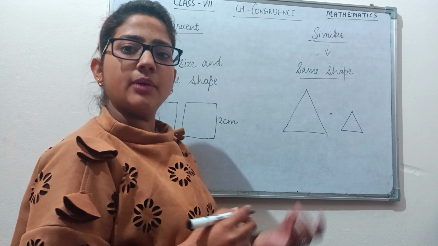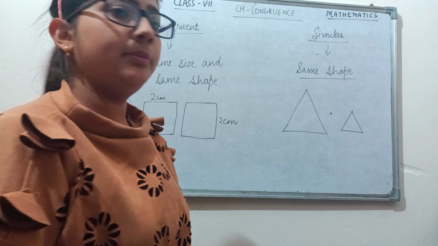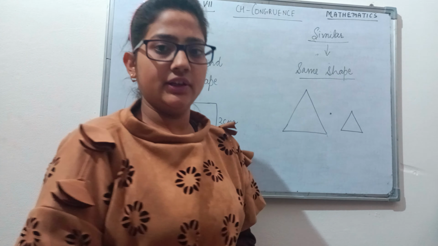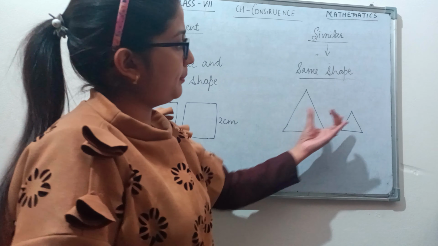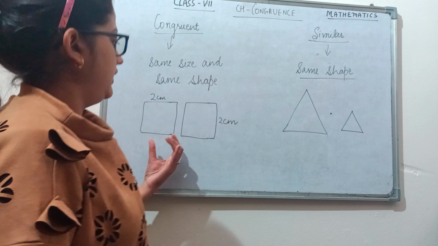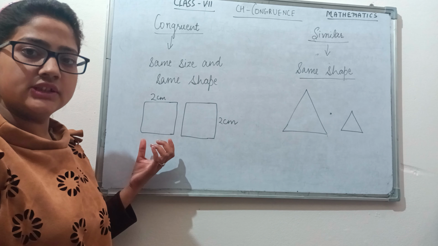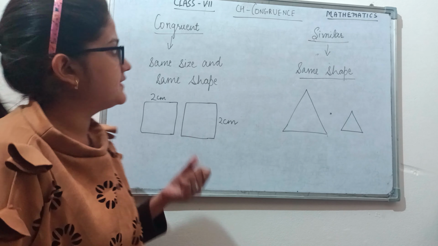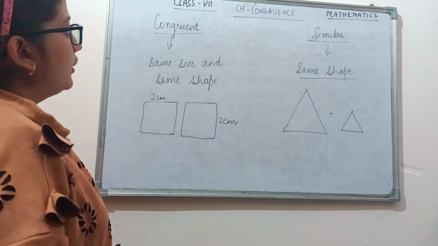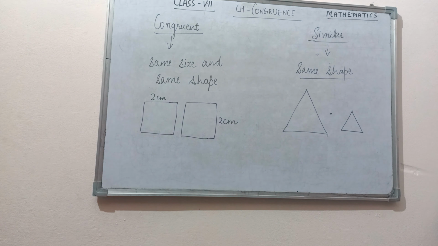These two are equilateral triangles and they are similar because they have the same shape, but the size is different. If size is different and shape is the same, then they are similar figures. The figures having same shape and same size are congruent figures.